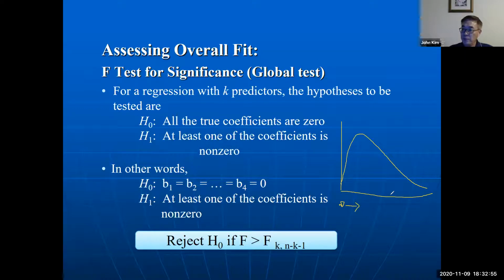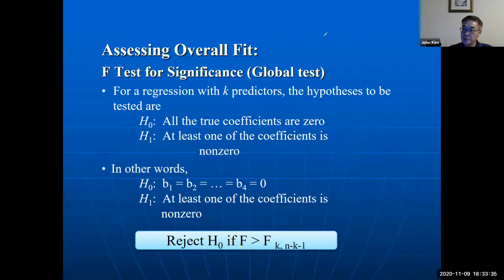If the test statistic falls outside, beyond the F critical value, then reject the null hypothesis. So if the F test statistic is greater than the F critical value, reject the null hypothesis. Inside, do not reject the null hypothesis.